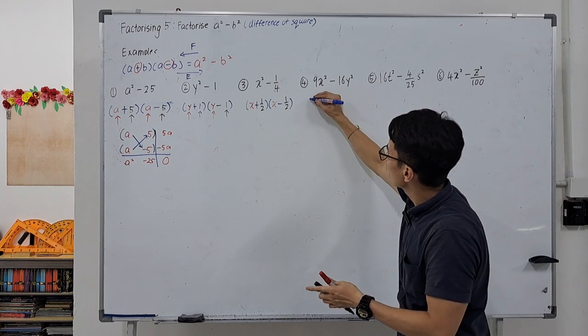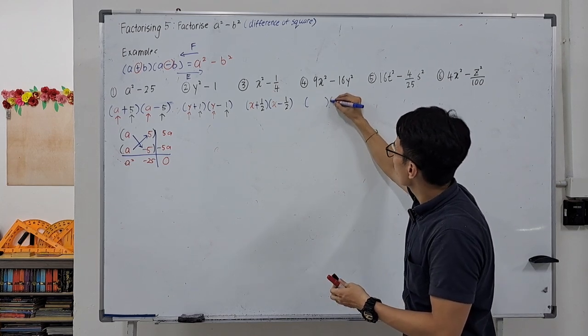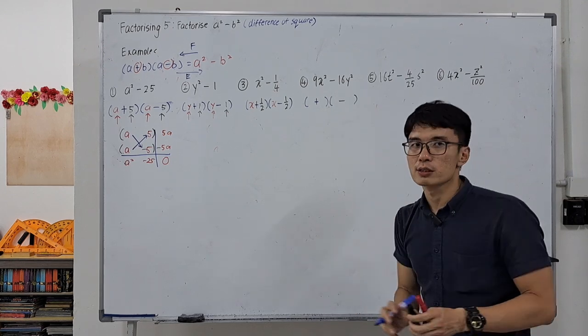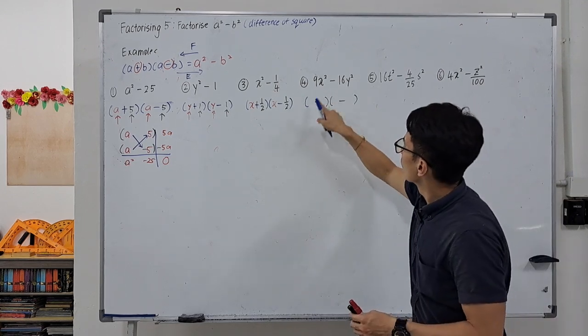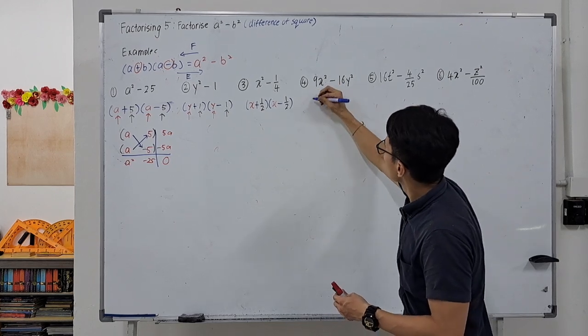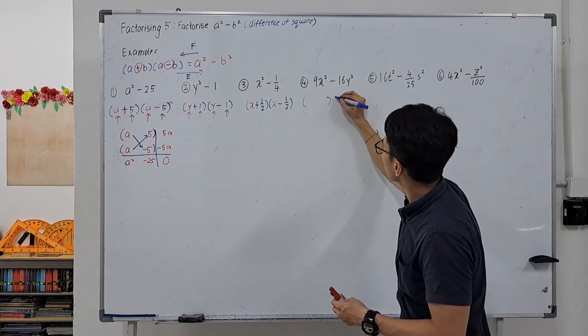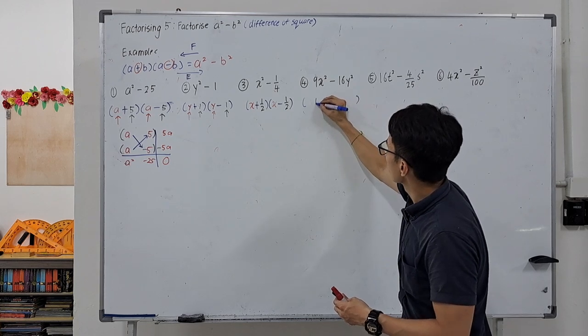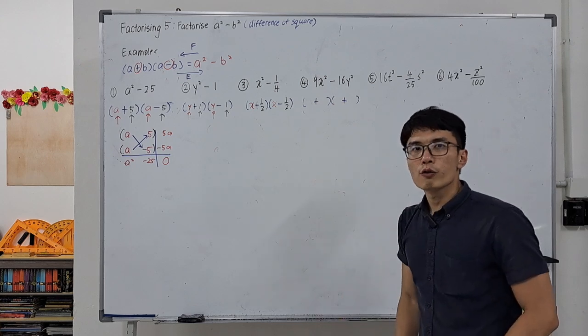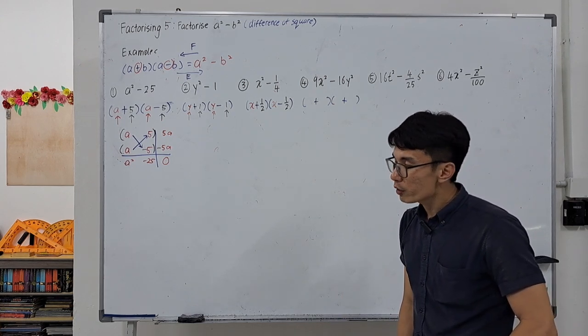So, same thing over here. Bracket and bracket. One of them is plus, one of them is minus, right? So, okay, I'm going to do a bigger bracket a bit. One of them is plus, one of them is minus. So square root of 9x squared. Now be very, very careful.